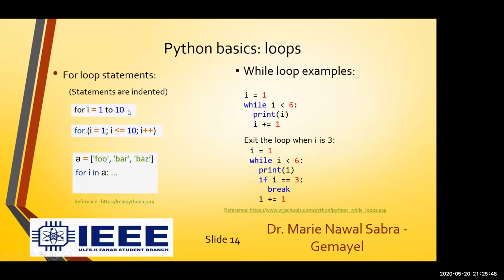In for loops, I can define the for loop like for I is equal to 1 to 10. This is a range: for I is equal to 1, as long as I is less than 10, increment I. Or I can define a list, and for I in A, I put all the commands, and the loop is going to go over the 3 values, so it's going to loop 3 times.